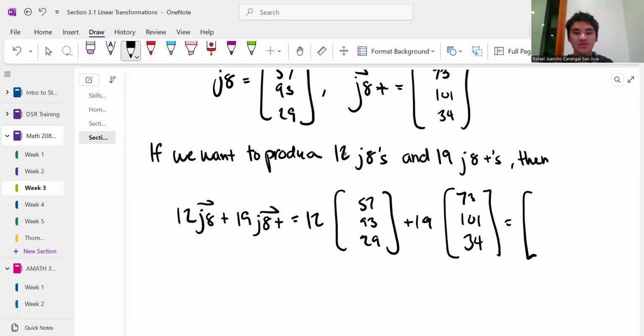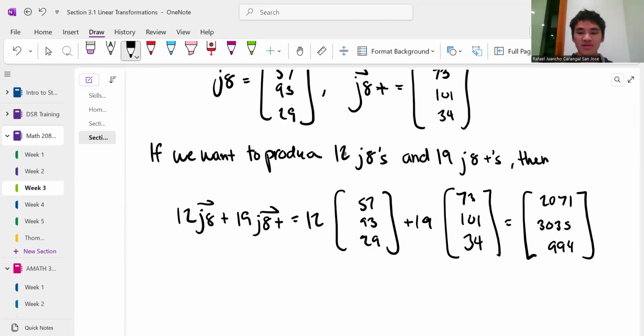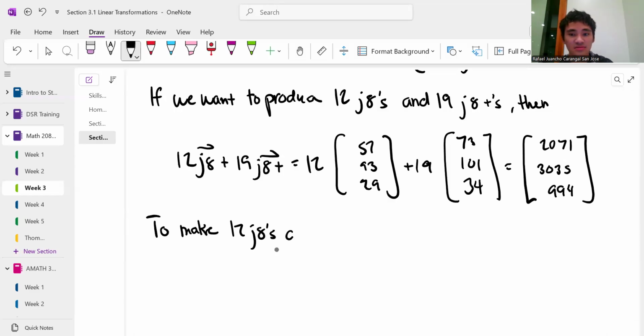And this would give us a resulting vector of 2071, 3035, and 994, which tells us that to make 12 J8s and 19 J8 Pluses, we would need $2,071 for labor to make 12 J8s and 19 J8 Plus.